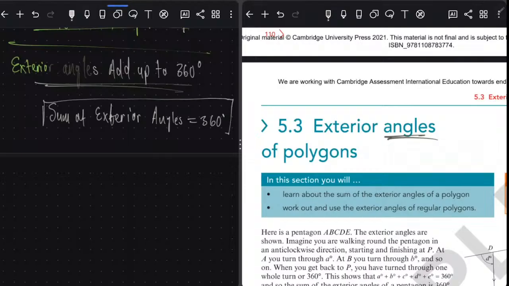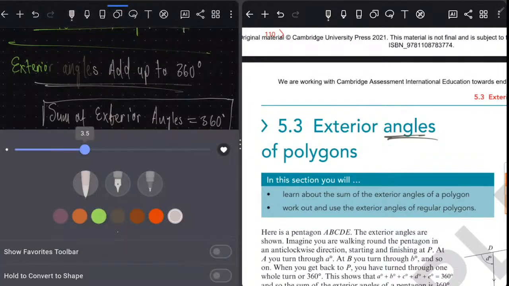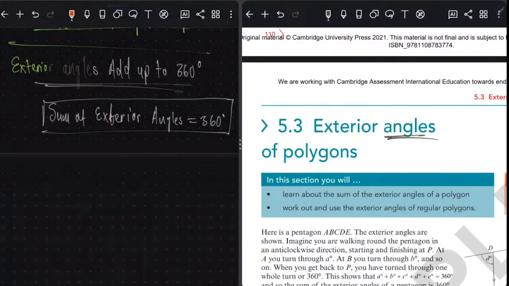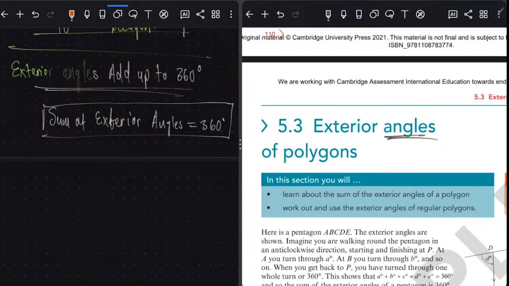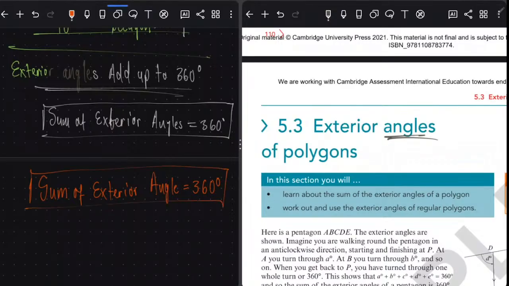Is equal to 360. Sum of exterior angles is what? 360 degrees. You need to write this 30 times. Okay, you're not going to write it 30. I'm just saying, practice. You should write it 10 times.